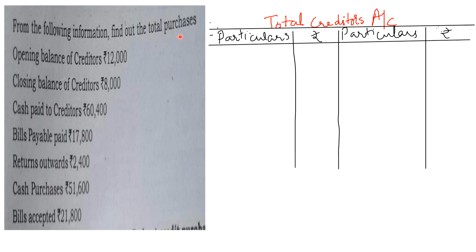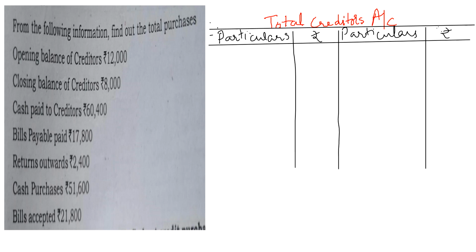Okay, now let us work out this total creditors account. Particulars, amount column, it has to be drawn. Okay, the first item you have is the opening balance of the creditors.